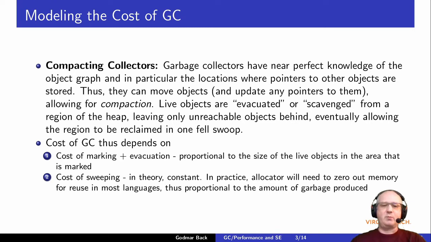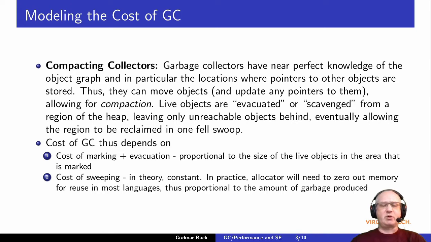Okay? And the size of the objects that have to be evacuated if an object has to be evacuated. So this is a characteristic that depends on how many objects your application keeps around, but it also depends on exactly when garbage collection takes place, because the size of the live heap may change.